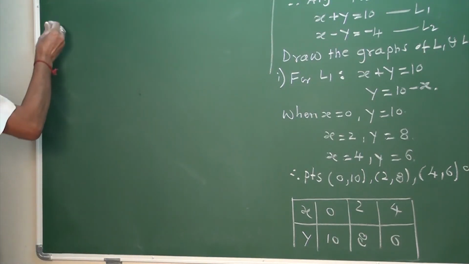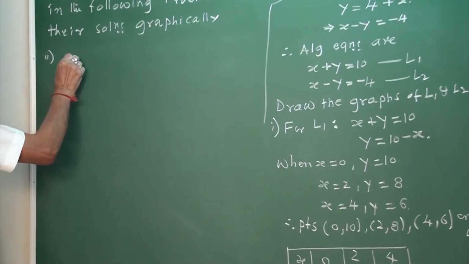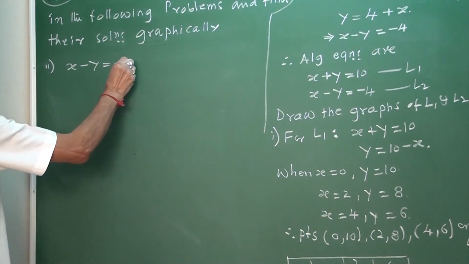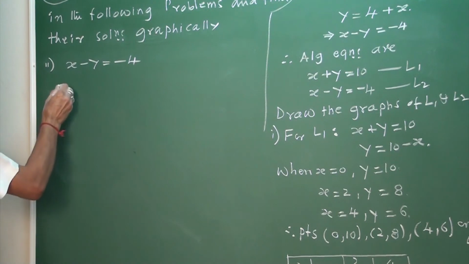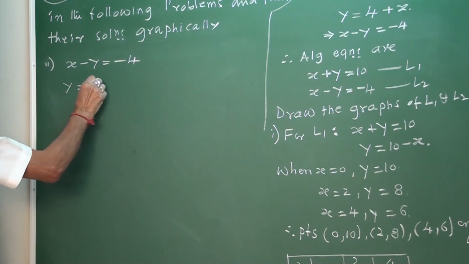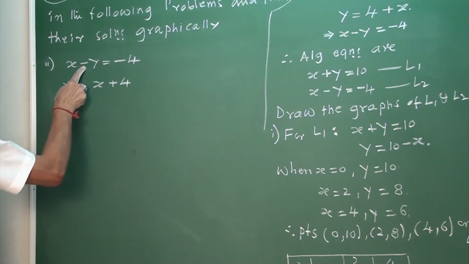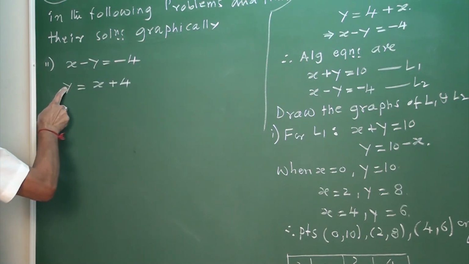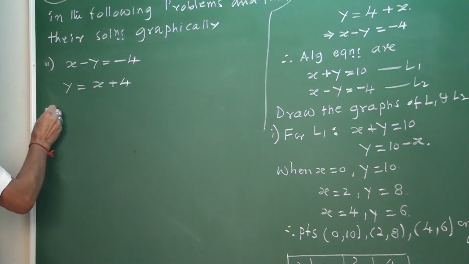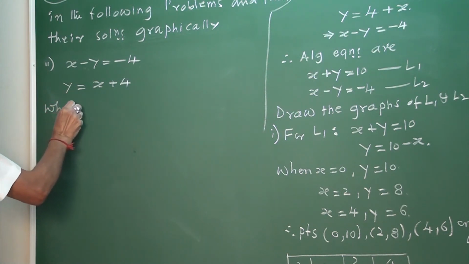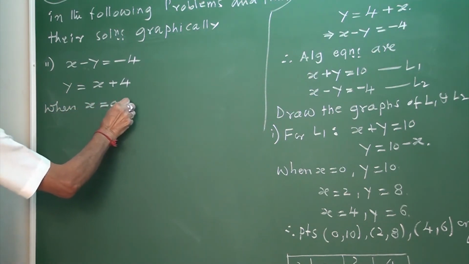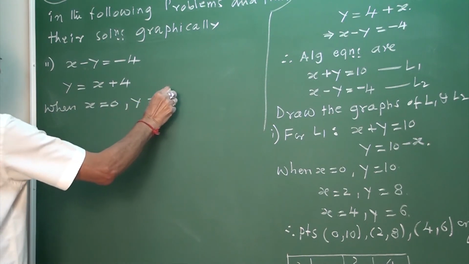Second, this is x minus y equal to minus 4. Then what about y? y is x plus 4. Take this side, minus becomes plus 4. When x is 0, what about y? 0 plus 4.